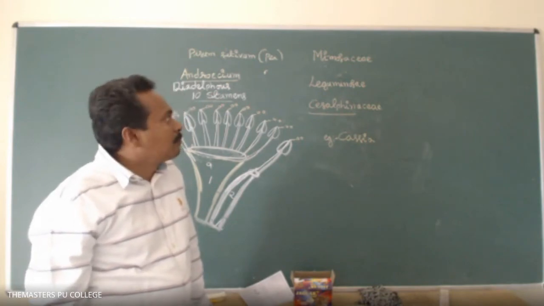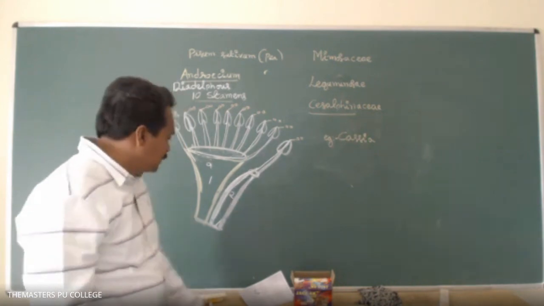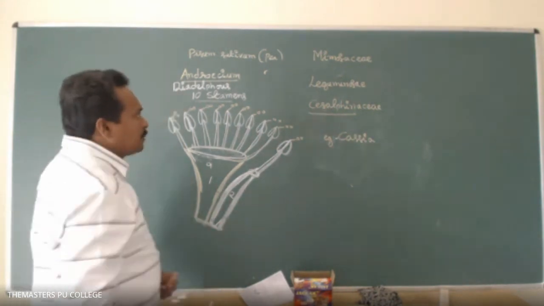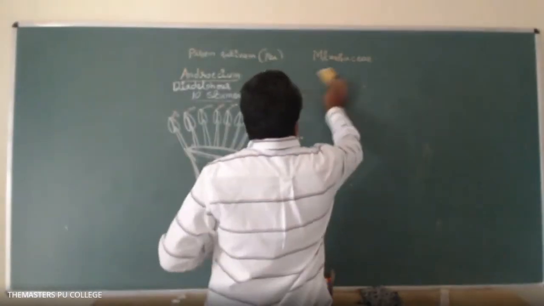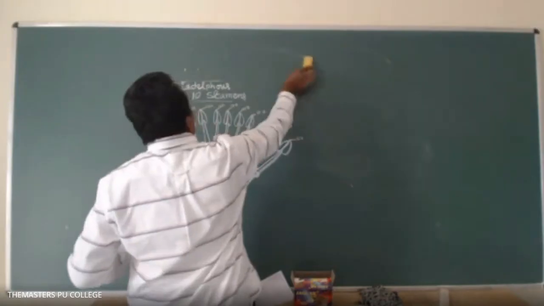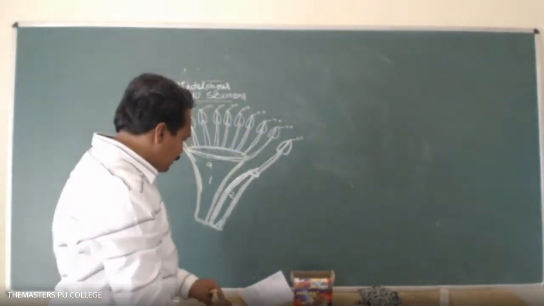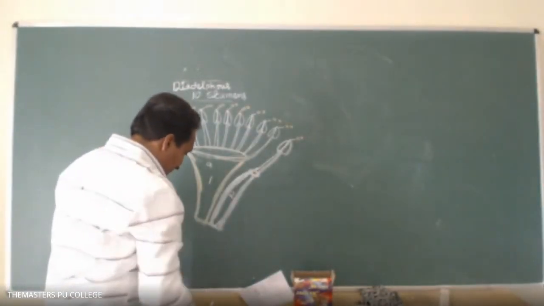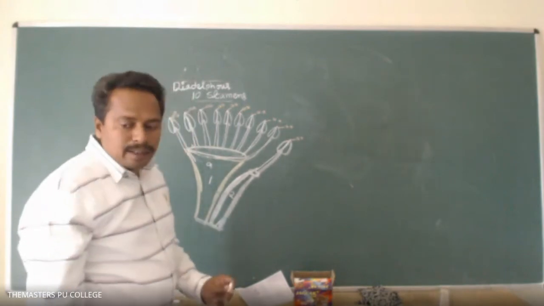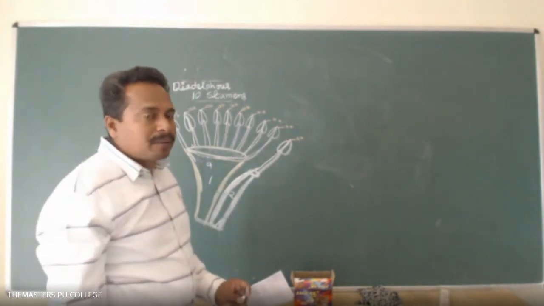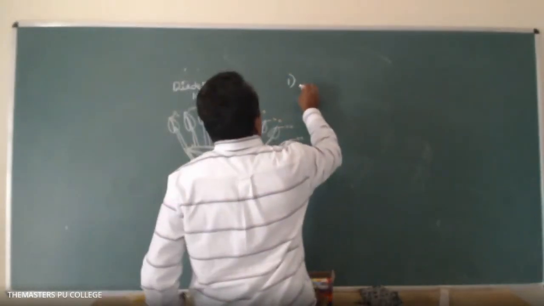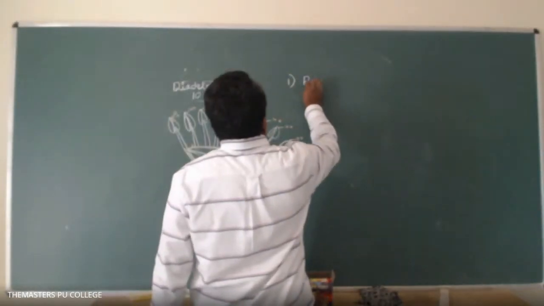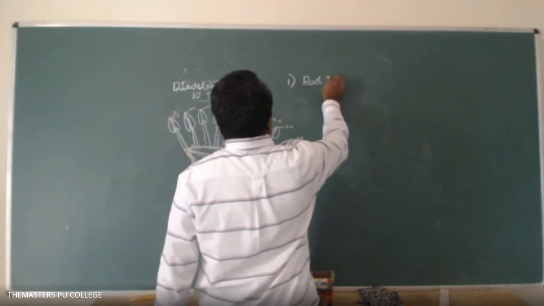Okay, sir. Right. Diadelphous stamen is seen in which family? Fabaceae. Fabaceae family. Which of the following are important characters of the Fabaceae family? Option one is root nodules.